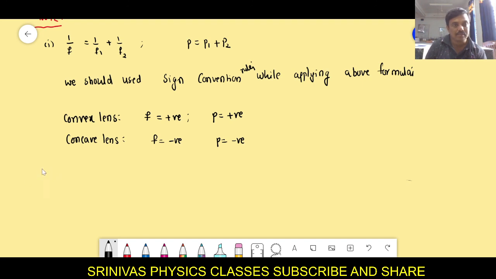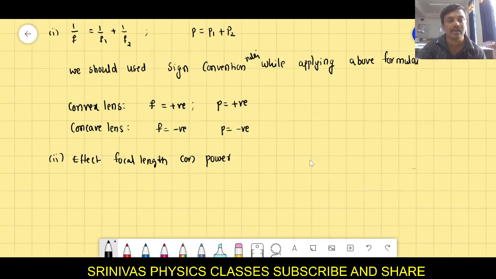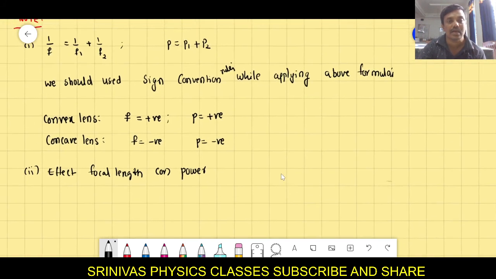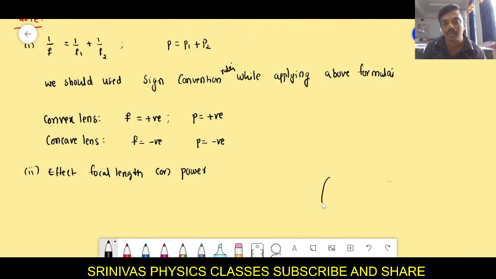Second point is that it's not there in the textbook, but you note it, just for effective focal length or effective power. दो लेंसेज के बीच में गैप हो तो क्या कंडीशन है? If two lenses have some gap, what is the formula?